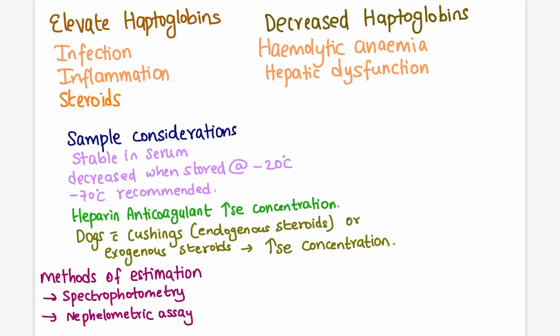And coming to anticoagulants, heparin can actually increase the concentration of haptoglobins, so do not collect blood in heparin for haptoglobin assays. Dogs receiving exogenous steroids and having endogenous steroids in excess amounts will have high haptoglobin concentration. So the methods of estimation in the laboratory for haptoglobins are spectrophotometry and nephelometric assays.